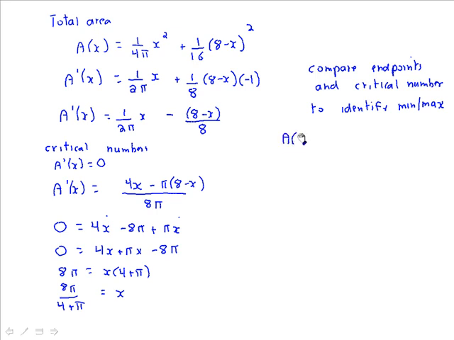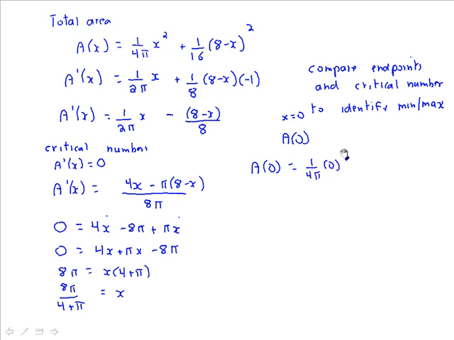So I'll first off do the endpoint of x is equal to 0. And if you worked out A at 0, into the original expression, A at 0 is equal to 1 over 4 pi times 0 squared.